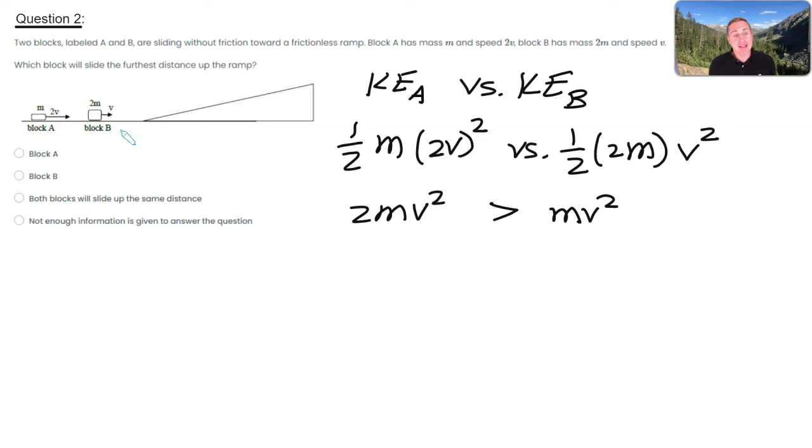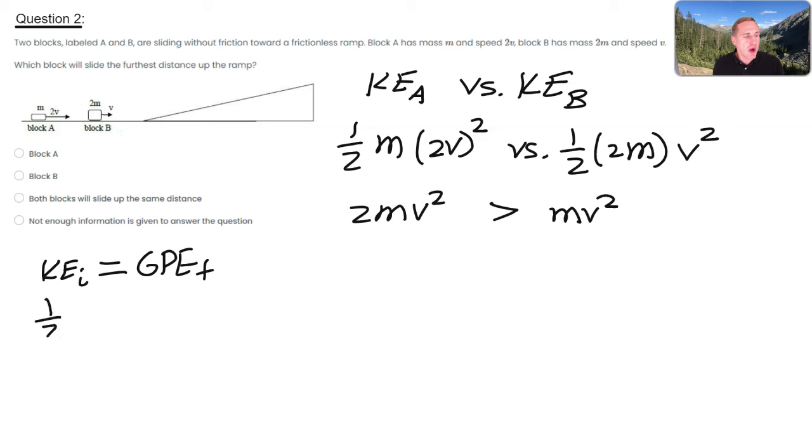So in fact, block A will attain twice the height of block B, because if you looked at the conservation of energy equation, you would look at the fact that, at least in its most general form, the kinetic energy initial would equal the gravitational potential energy final.